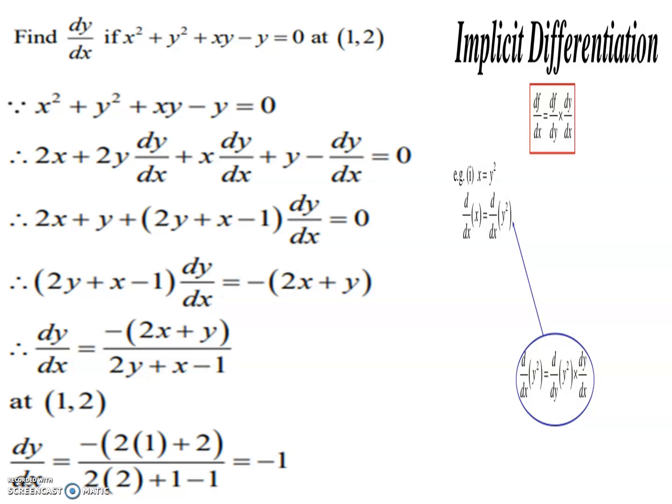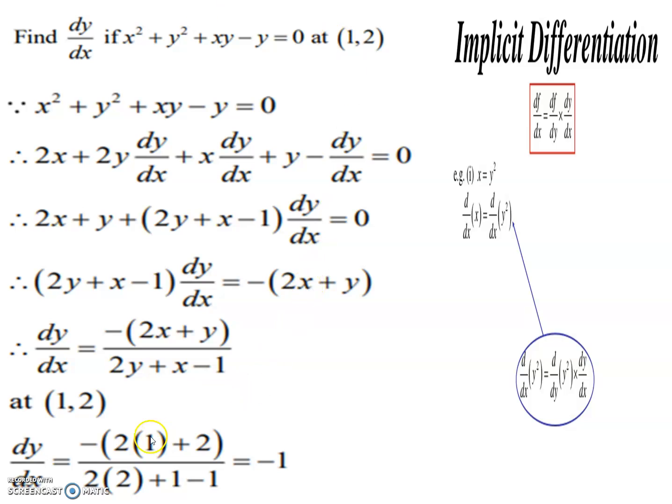Now we put the x and y values, x equal to 1, y is equal to 2. So therefore dy by dx is equal to 2 into 1 plus y is 2, 2 into y is 1, obviously 2 plus x is 1 and minus 1 remains the same.